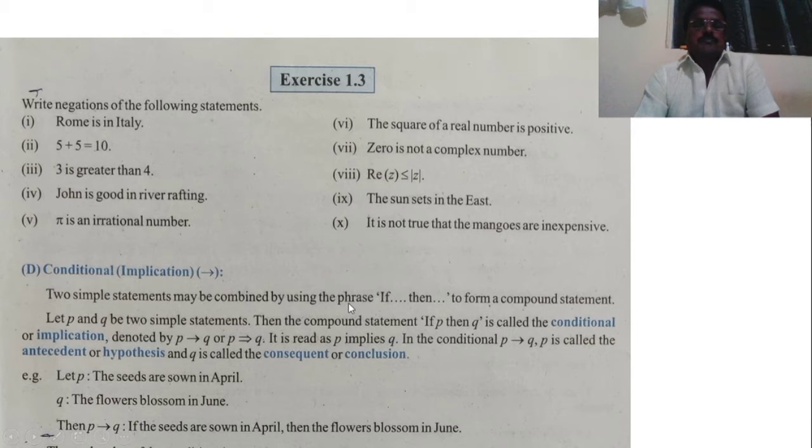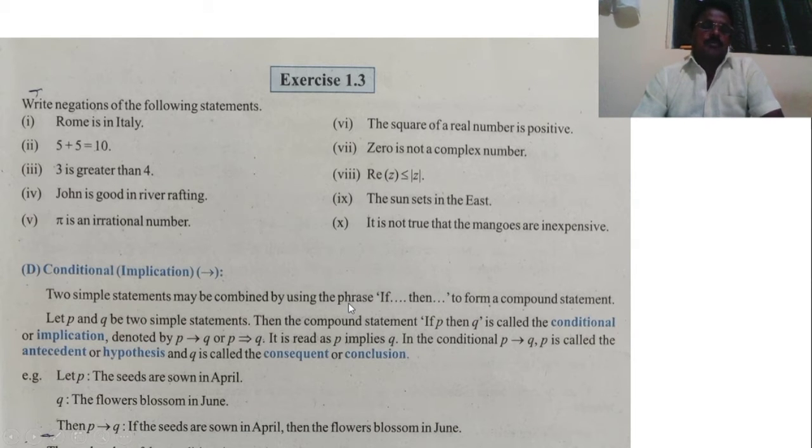Number 3: 3 is greater than 4 is the given simple statement P. The negation of P is 3 is not greater than 4.